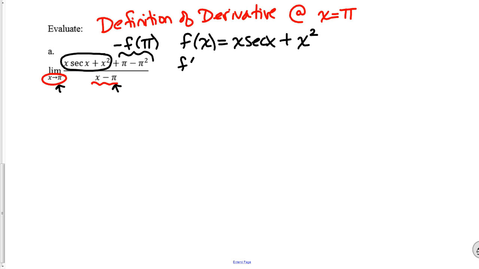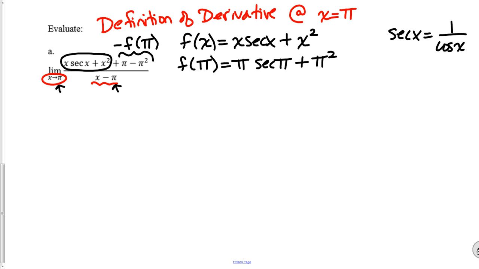If I do f of pi, I'm going to get pi times secant of pi plus pi squared. And I know that secant of x is 1 over cosine of x. So secant of pi is actually 1 over cosine of pi, and I believe that secant of pi is -1.